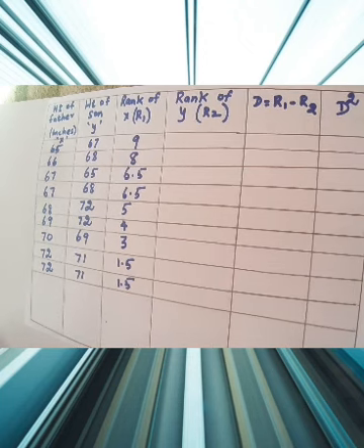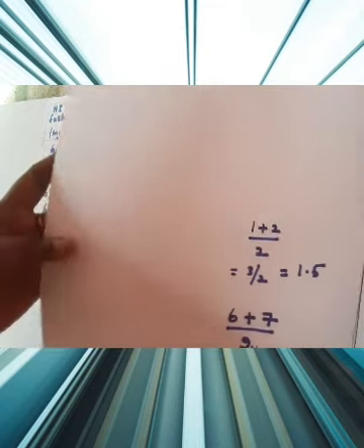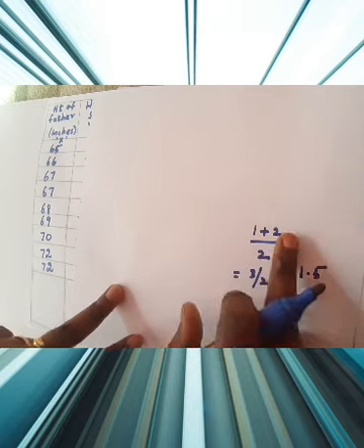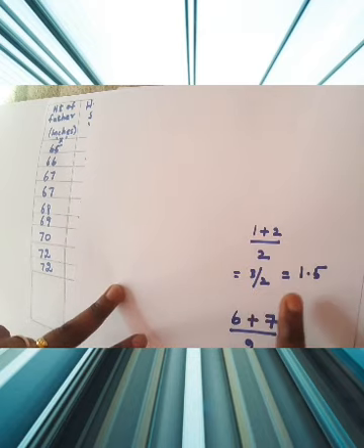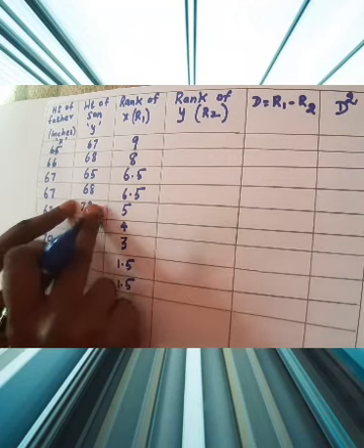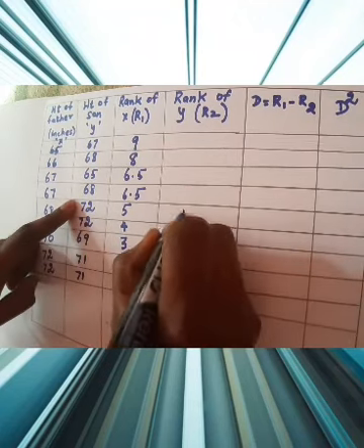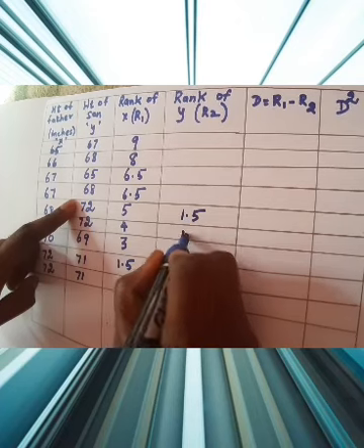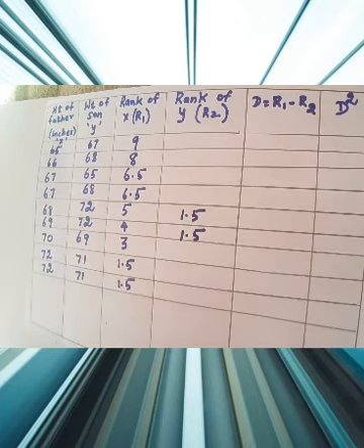Again, first position is shared between the two persons. So again the same concept, first rank plus second rank divided by 2, 3 by 2, which is 1.5. I'm going to give the person who is holding 72 inch 1.5 each.